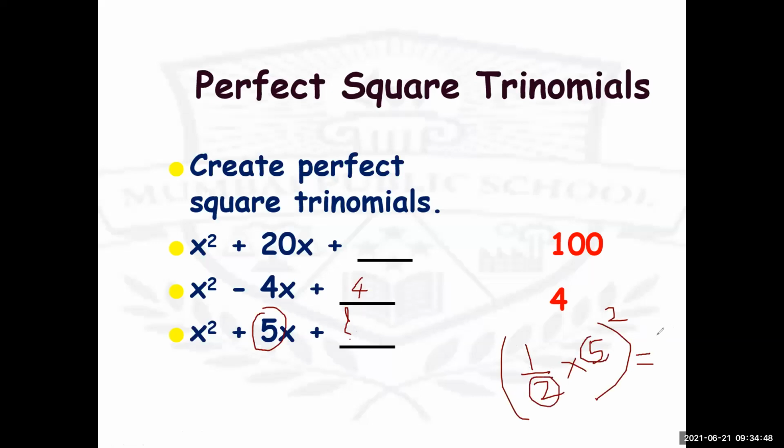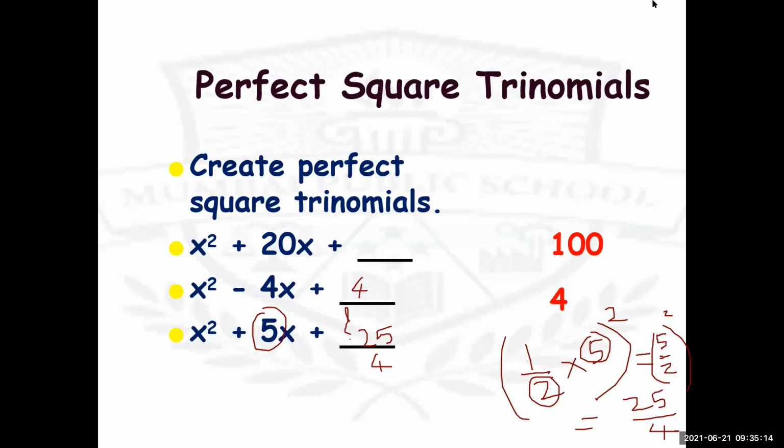So you get 5 upon 2 and its square. What is the square of 5? 25. And the square of 2 is 4.